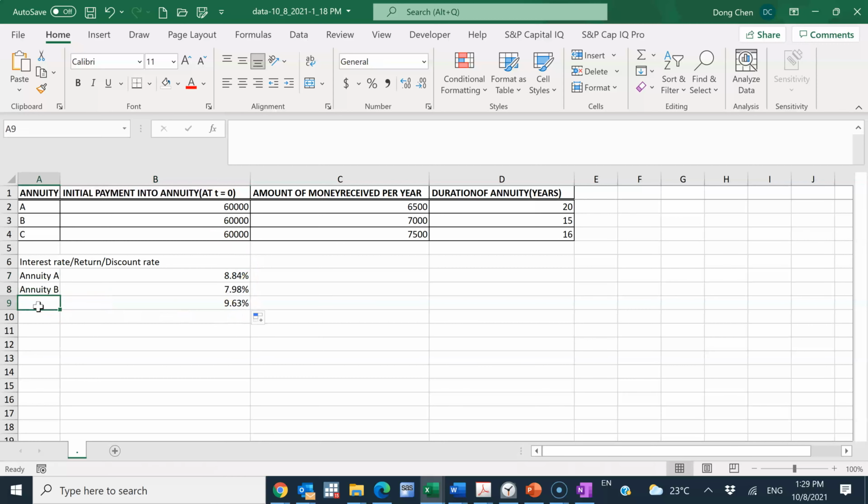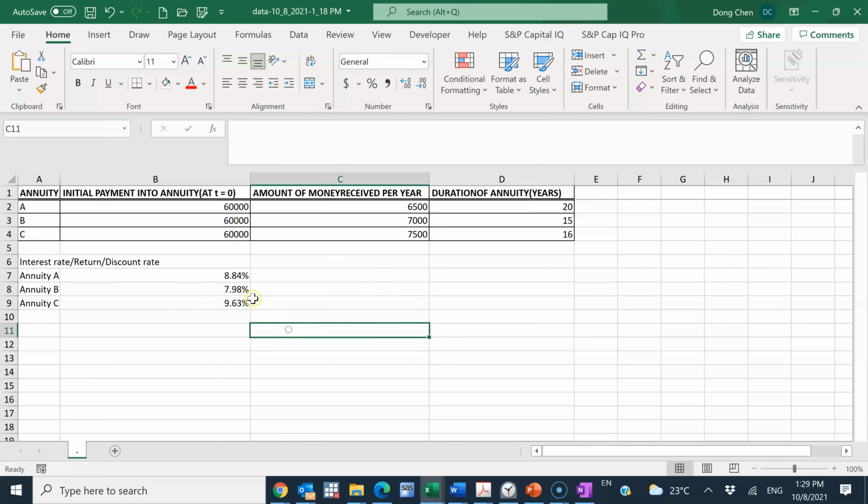Now you can see the rate of return for the other annuities is automatically calculated. You can click on this cell and find it equals RATE, D3, which is the number of annuity payments for annuity B, negative C3, that's the annuity payment, and B3, that's the initial payment.